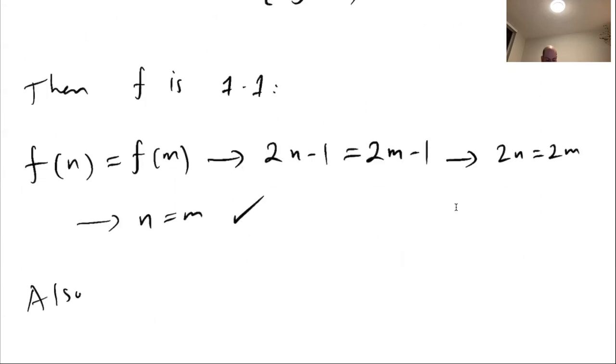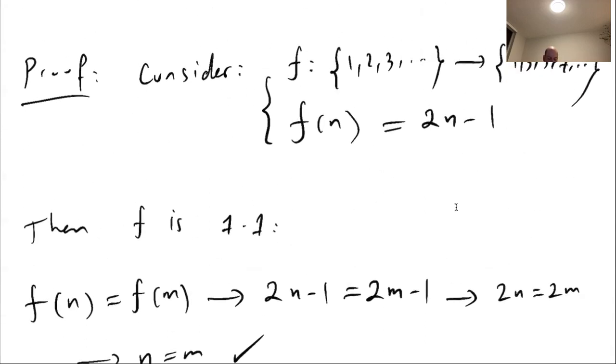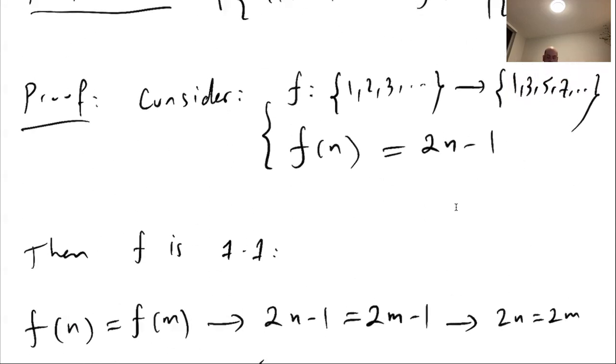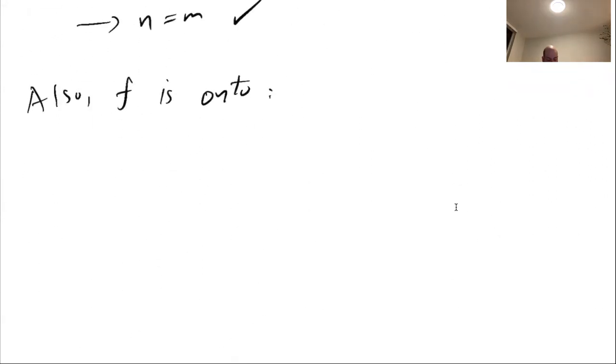Also, f is onto. Why is it onto? Well, how would I show that a function is onto? I have to take an element in the codomain. The codomain here is odd numbers. So take, let's say, n, for example, in the codomain.